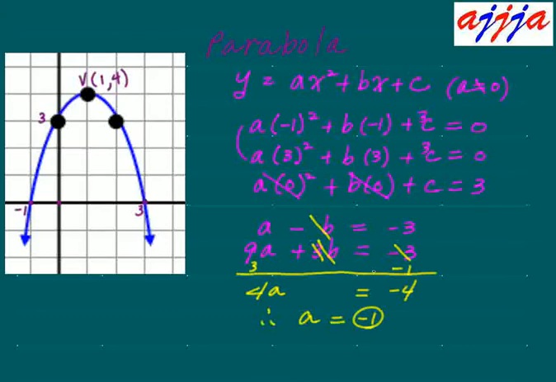That's it. Now, you just plug a in right here. So a is negative 1. Then I can move this b to your right hand side. It's going to be positive b. So b equals negative 3, so I'm going to move negative 3 to your left hand side.